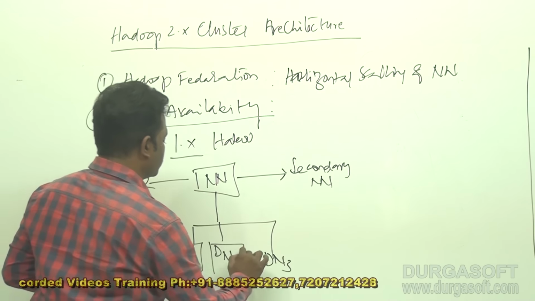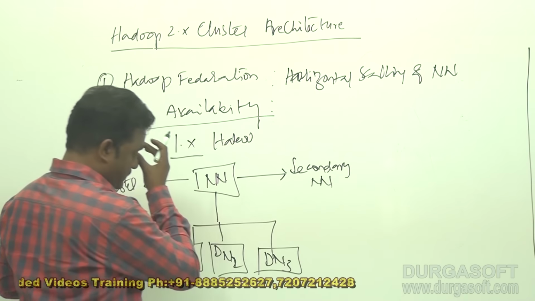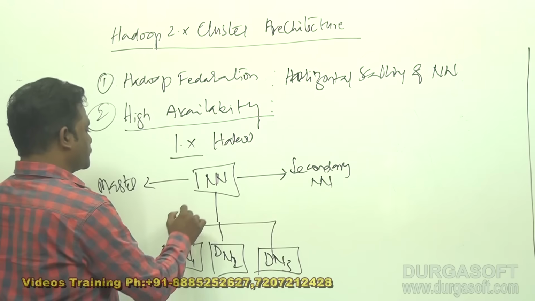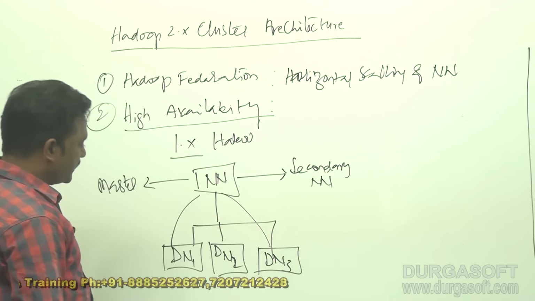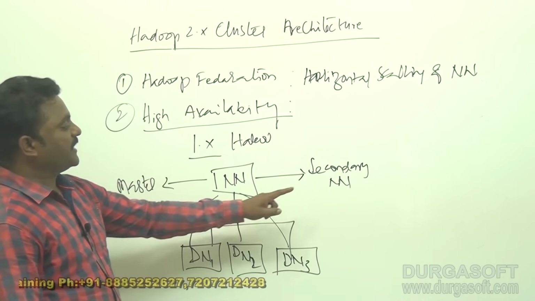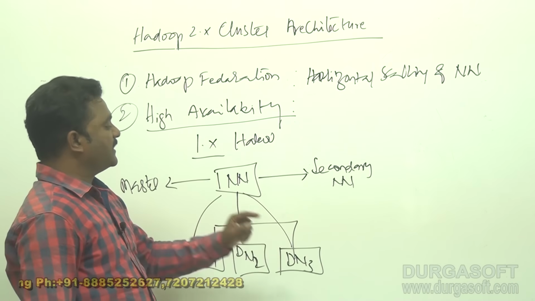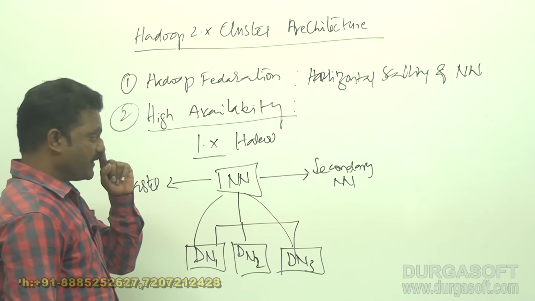Here, I have communication from data nodes to the name node and name node to the data nodes, but at no point is there any communication between the secondary name node and the data nodes. This is one point we have to remember.